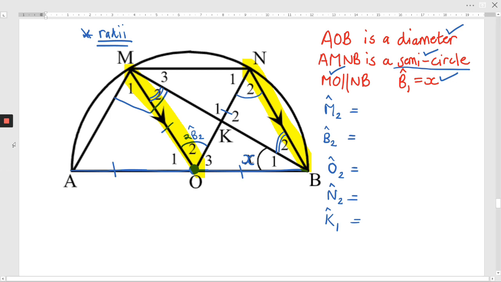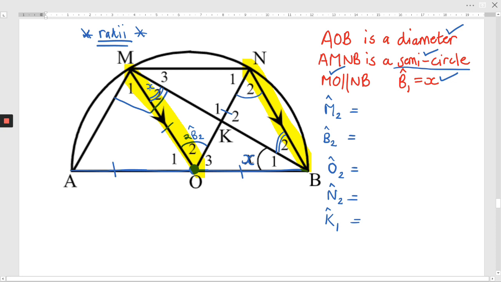And then what we had to do is express all of these angles, M2, B2, and so on, in terms of X. And the first thing I notice is that the M2, I haven't marked out with any X. In fact, I haven't put anything with X. And now I need to go back to this radii thing. Because actually, MO and BO are radii, and they're making this triangle MBO, right? So that means that M2 is X because of angles opposite equal radii.